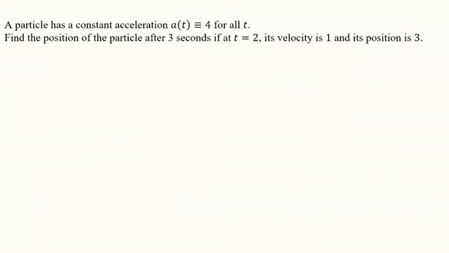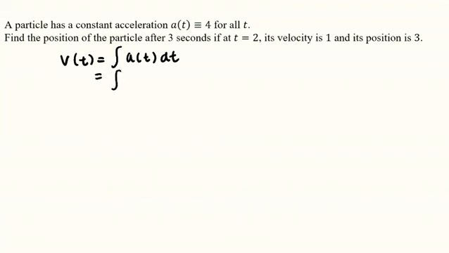Particle has constant acceleration. So this is just where they're giving you the second derivative, right? And we're going to jump up a level. So v of t is going to be, if a of t is constantly equal to 4, that's what that means. v is going to be the antiderivative of a of t with respect to t.